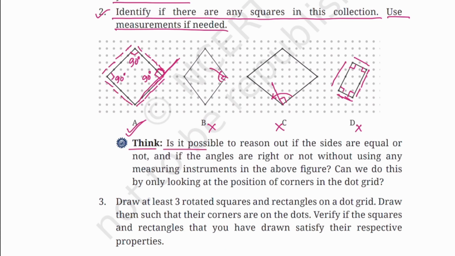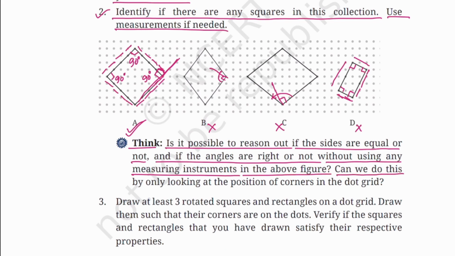Think it out. Is it possible to reason out if the sides are equal or not and if the angles are right or not without using any measuring instruments in the above figure?